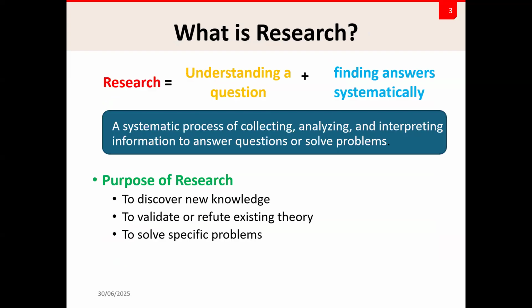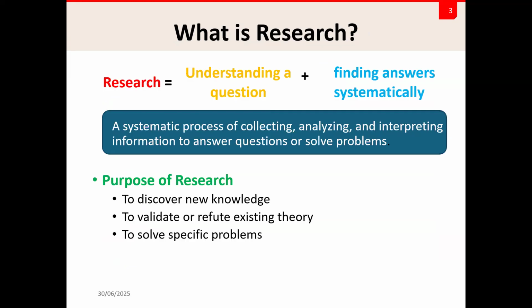So before we dive into how to write a winning abstract, let's take a step back and ask, what exactly is research? Research is a systematic process. It's not just collecting random information and putting together. We do research to solve a problem in the world.